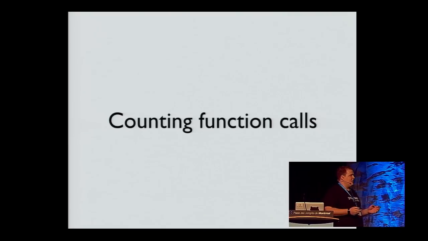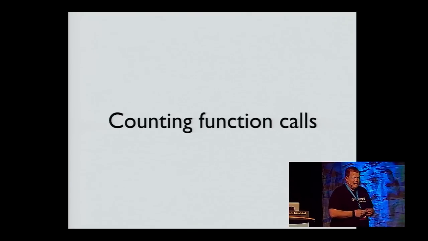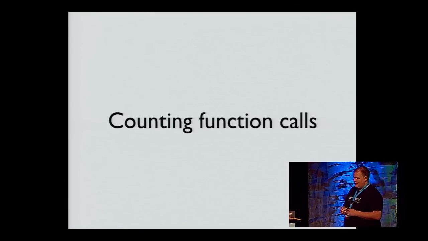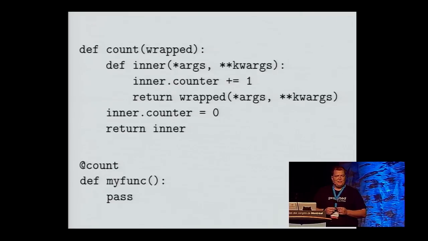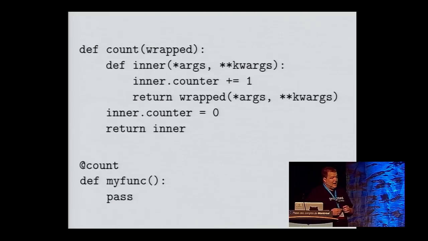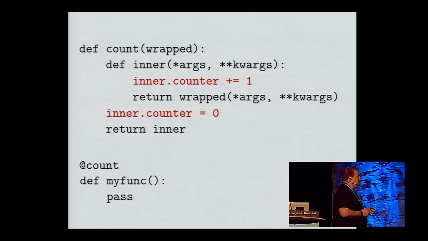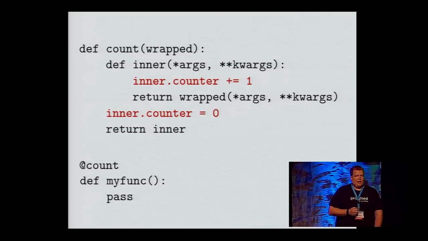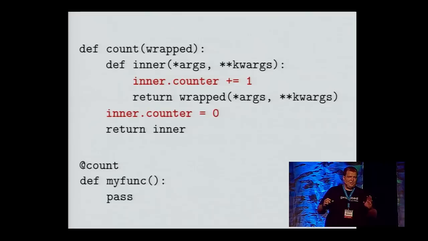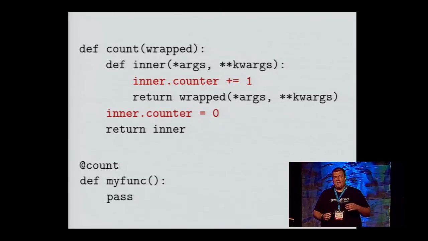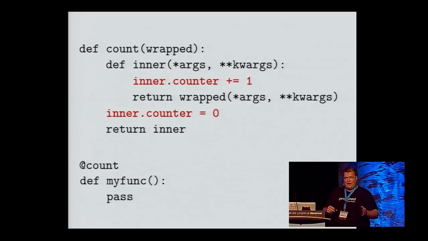So counting function calls. If we want to count the number of times a function has been called in our code, that's really easy to do with decorators. So we have this count decorator. And you'll notice it looks very similar to the decorators we had before. The one difference being we have this inner.counter variable. Functions are objects. And with objects, we can define new variables that are part of that object.